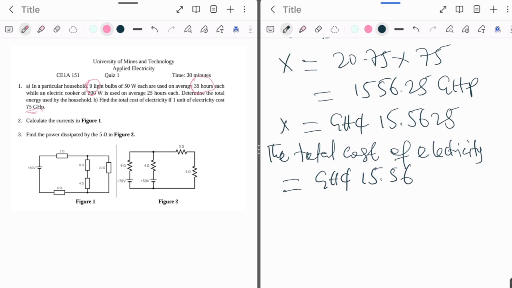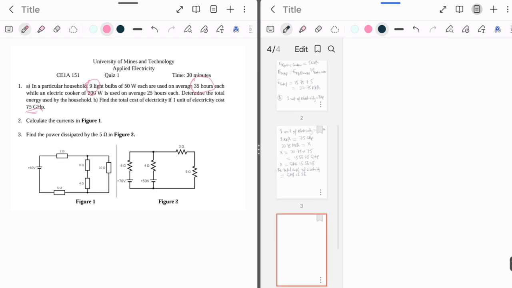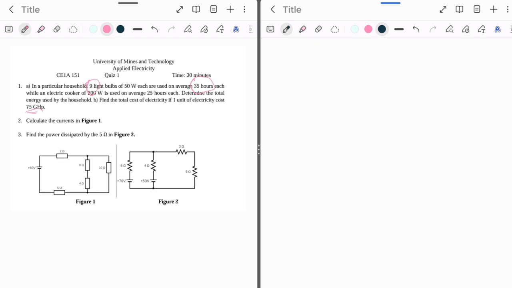Let's move to question 2. Question 2, calculate the currents in figure 1. So this is our figure 1. You have to find the currents in this circuit diagram. That means you look at the circuit, first assign a current to each branch, and then find the current in each branch.